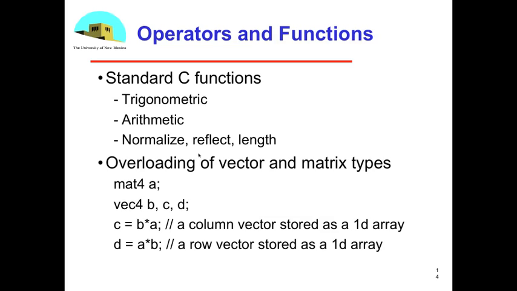So there's a length function in there that'll give you the length of a vector. There's a reflect function that'll take two vectors, one will be the normal to a surface, the other will be an incoming vector, and it'll give you the reflection direction. We'll talk about that later when we talk about lighting. If you want to normalize things, to have unit length, normalization functions are in there. So there's a whole bunch of helpful functions that are in there.